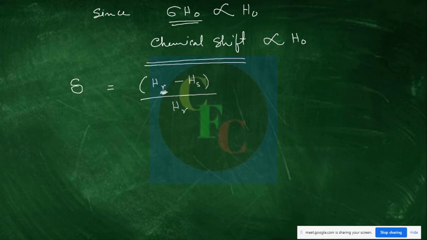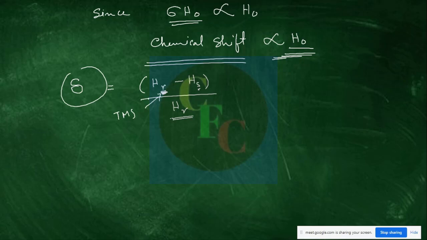reference, that is our TMS, and HS is the magnetic field experienced by the sample. And you divide it by the field of TMS. So this actually cancels out the effect of H0. Now this delta is independent of H0.